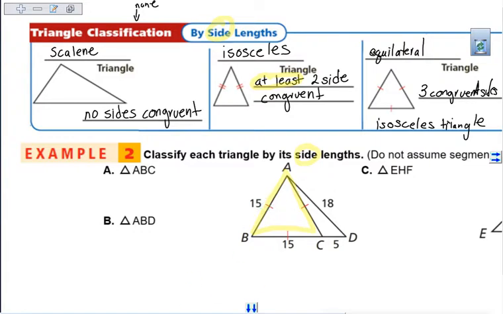And we have that AB is 15, BC is 15. What's AC? It is also 15 because of that tick mark. So all three sides have the same measure. So that means that this is an equilateral triangle.